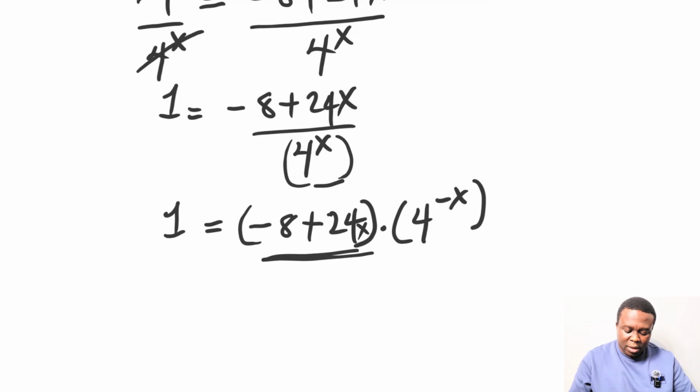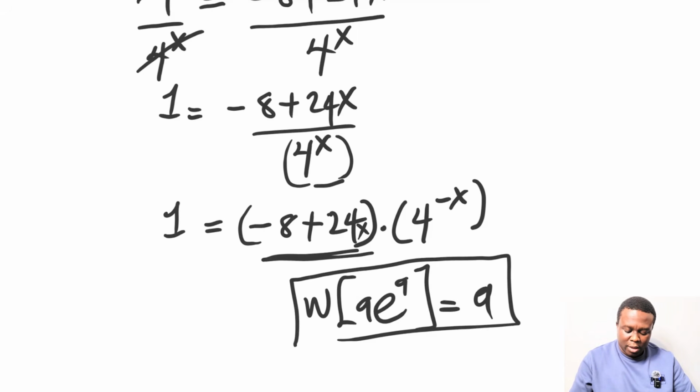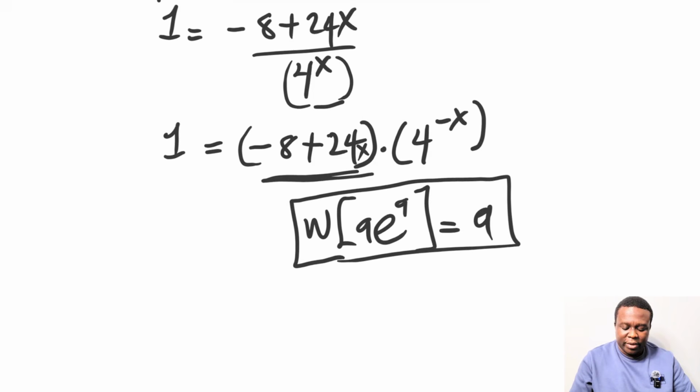Okay, we're trying to make x stand alone in that parenthesis because of the Lambert W formula that we're going to use. And that formula states that when you have a e raised to the power a, that is equal to a. So we're trying to rewrite everything on the right-hand side and also on the left-hand side so that it looks like this, and then we can find the value of x.